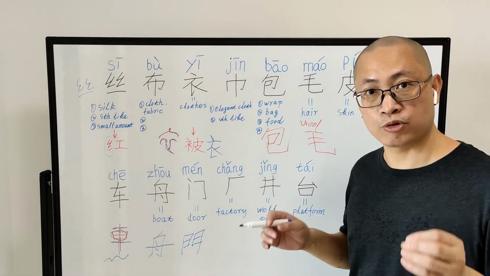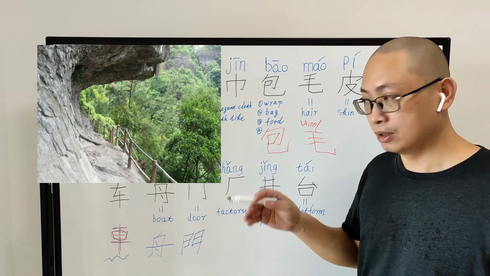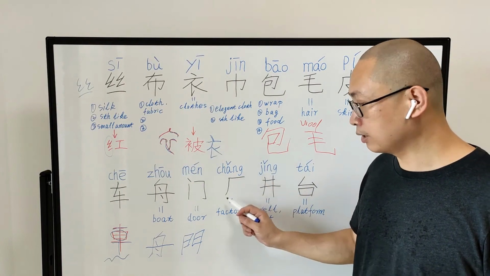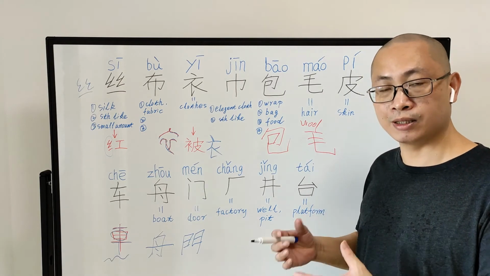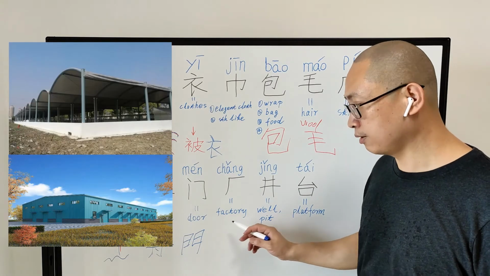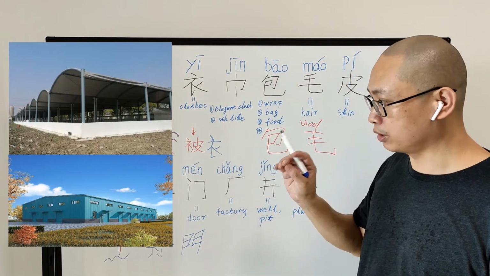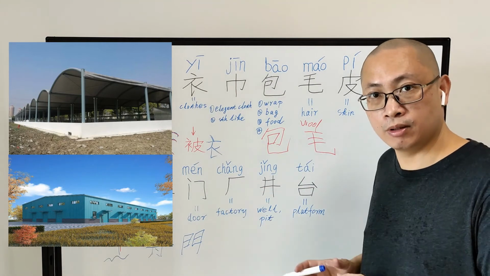The traditional meaning is space under a cliff. From this structure, it is very obvious, but nowadays we just omit the traditional meaning and define it as factory, without wall, with wall, enclosed by wall.